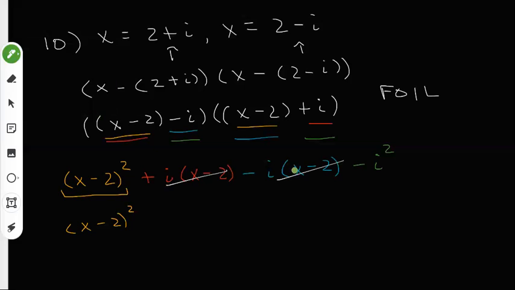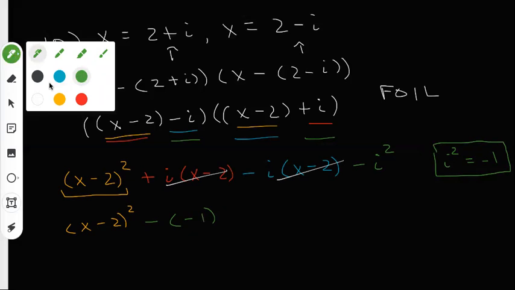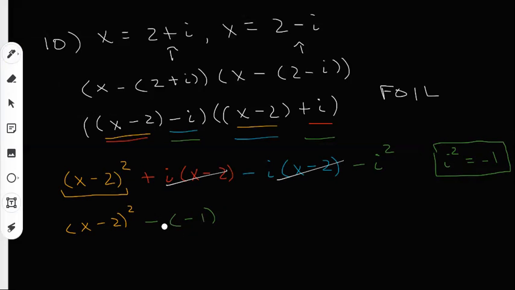And then the end term, the -i squared, is going to give me minus -1, because of the rule i squared is equal to -1. So I get a minus -1. Now the good thing about that is I have a double negative at the end, so that's just going to give me a positive 1. And over here, I still have x minus 2 squared.